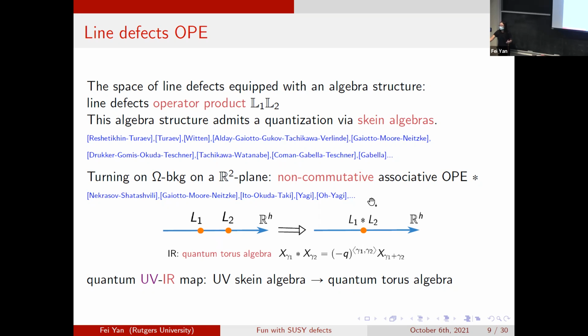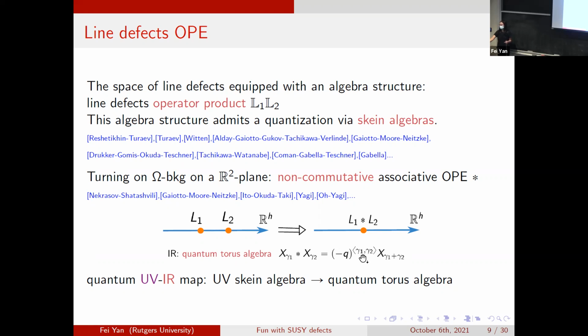So that's what this quantization is roughly about in the physical sense. And in the UV, these skein algebras could be difficult to describe. In the infrared, one can describe this pretty explicitly using the so-called quantum torus algebra. So this is what I wrote here. On the left-hand side, I have two diagonal lines with charges gamma 1, gamma 2. When I put them together, you would imagine to get a diagonal line with charge gamma 1 plus gamma 2, because the charge should be additive. However, there is also this extra contribution term.